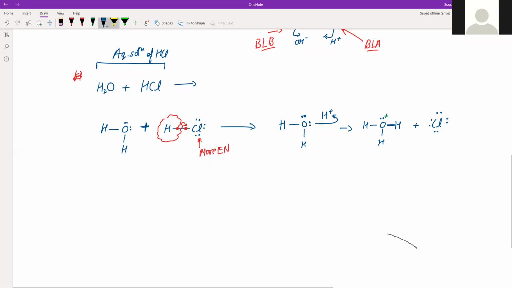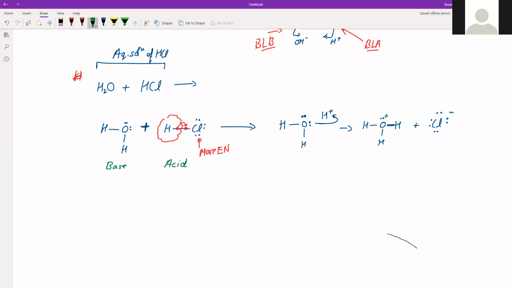So that means it has a negative charge. Is it clear? So now water in this case has accepted a proton. So this will be a proton acceptor. So this will be called a base. And because this HCl has donated H plus, this is the acid.